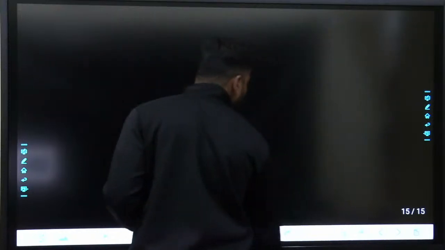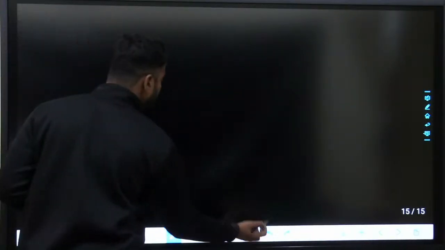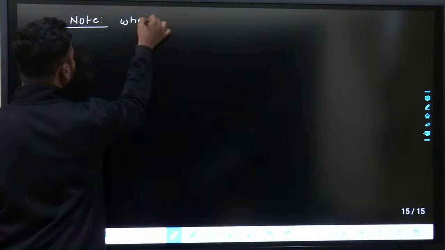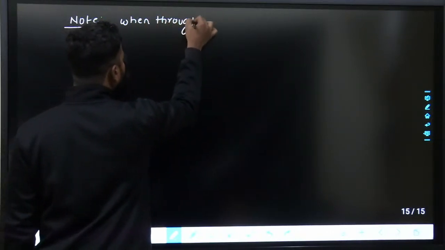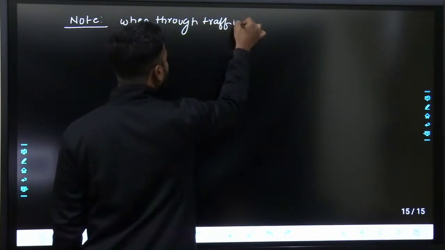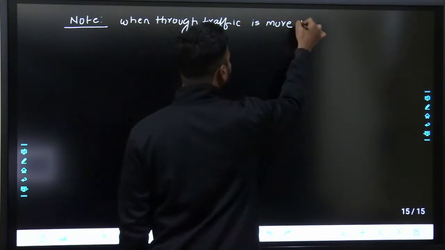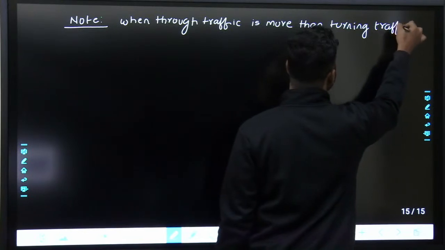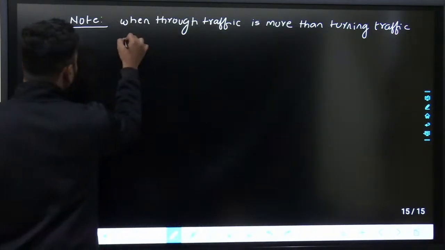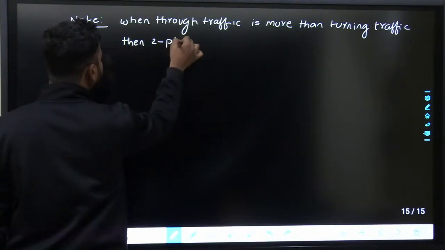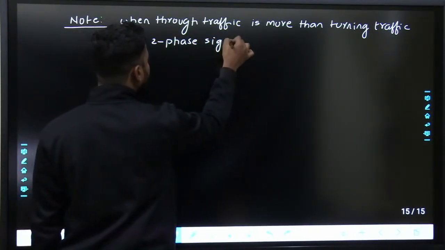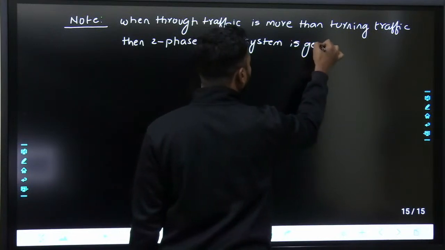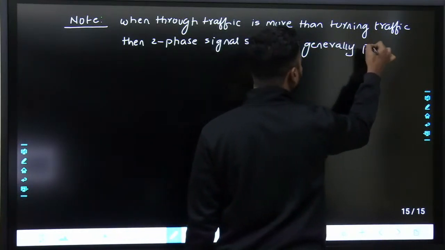So you can take a note over here: when through traffic is more than turning traffic, then a two phase signal system is generally provided.